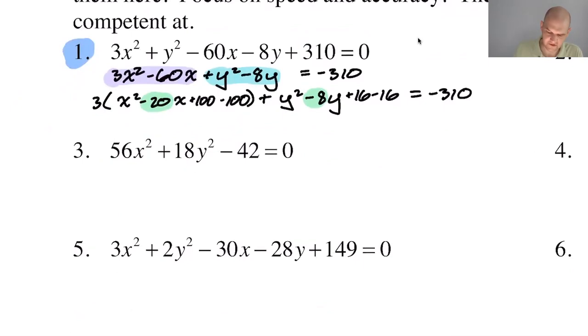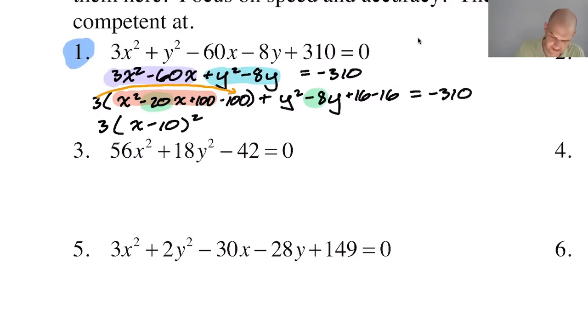Okay, so now what I'm going to do is I'm going to make this 3. These first 3 things should be a perfect square trinomial. So this will factor into x minus 10 squared. But then don't forget the 3 has to go and distribute there.